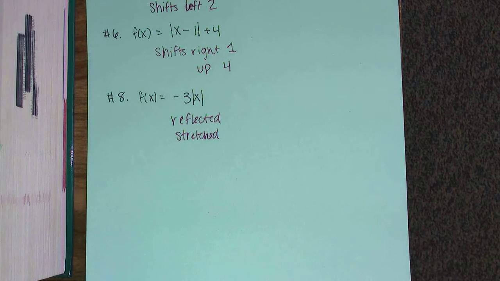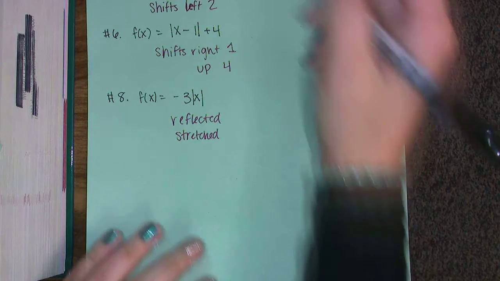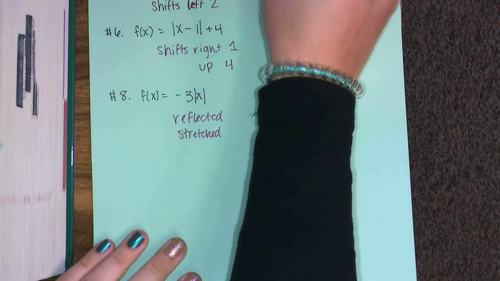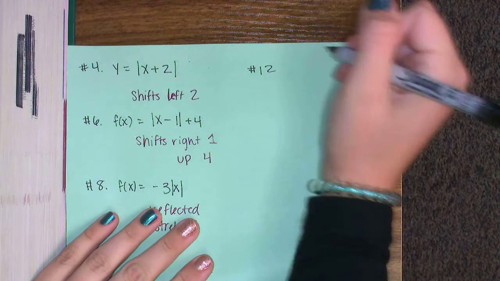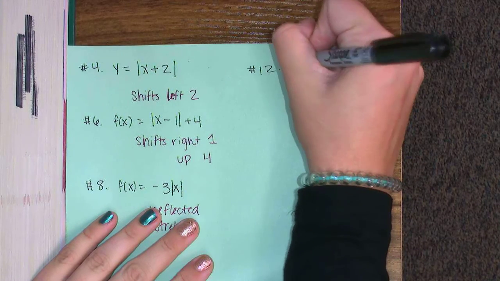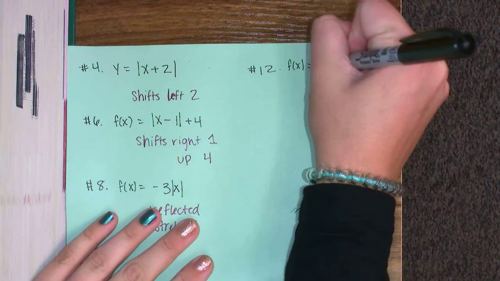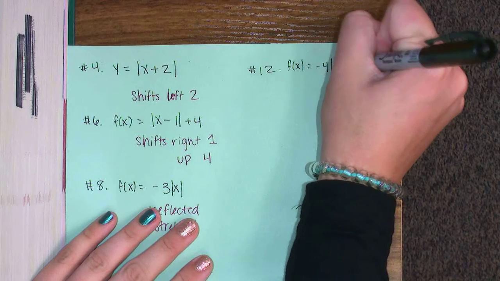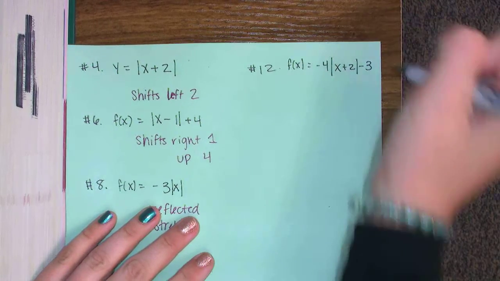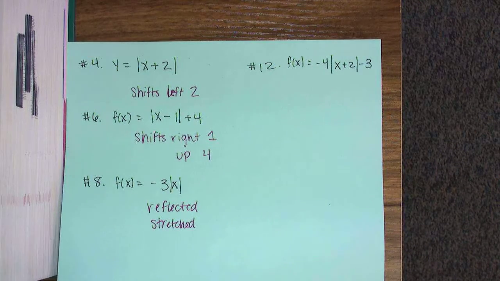Alright. I'm going to go with one about as hard as we can get. 12, f of x equals negative 4 times the absolute value of x plus 2 minus 3. Think about what you think is supposed to be done on your paper, and then we'll talk about it.